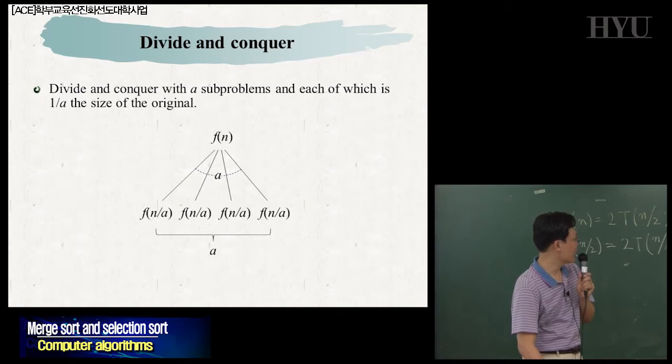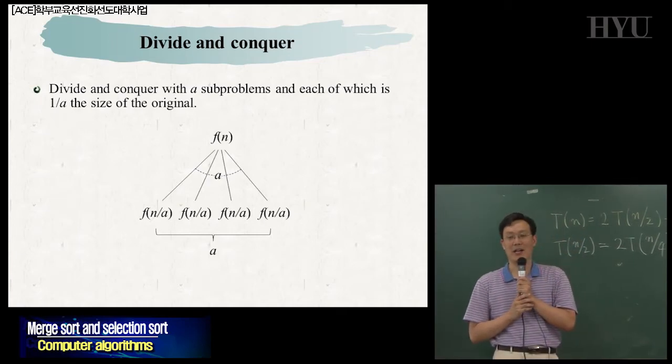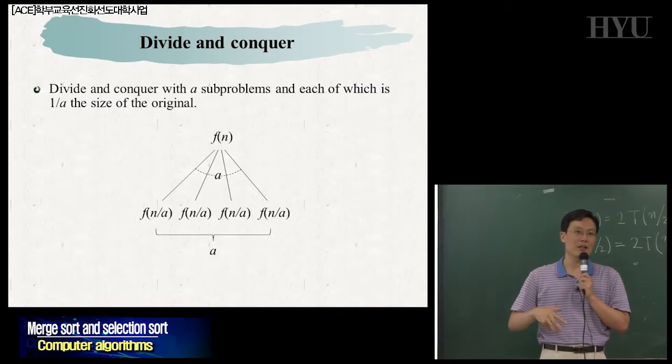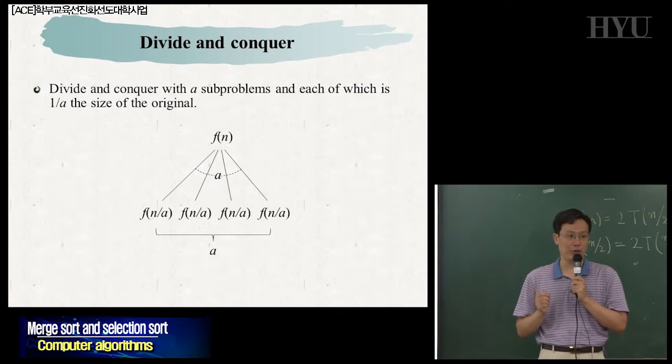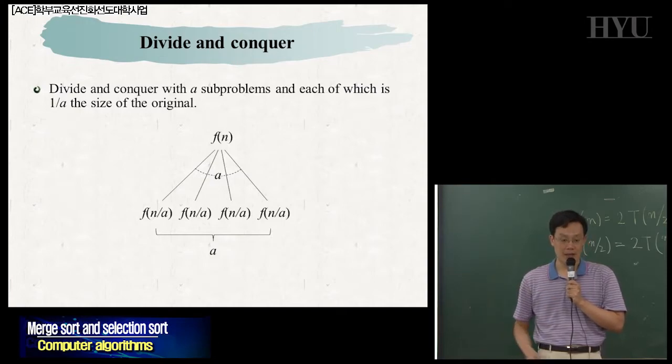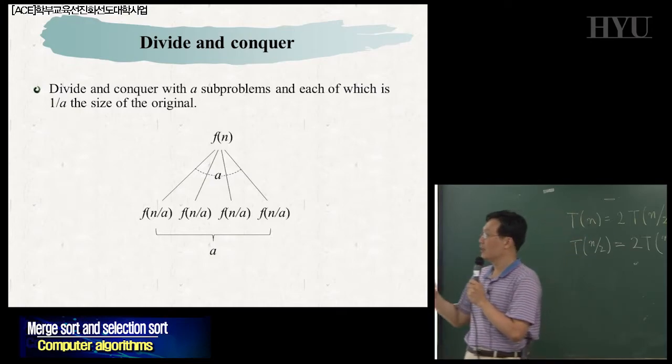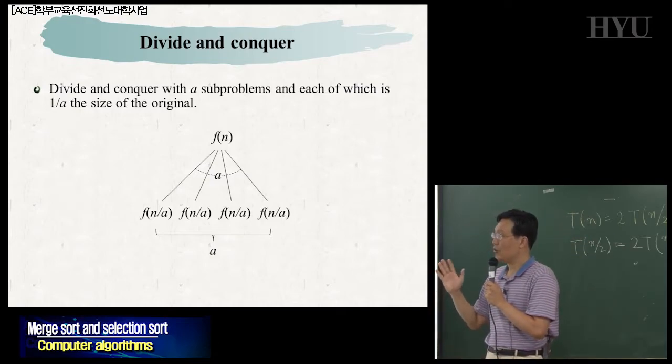Okay, so I explained how to solve the recurrence of merge sort. And I will explain more general divide and conquer approach. The general divide and conquer approach is like this.